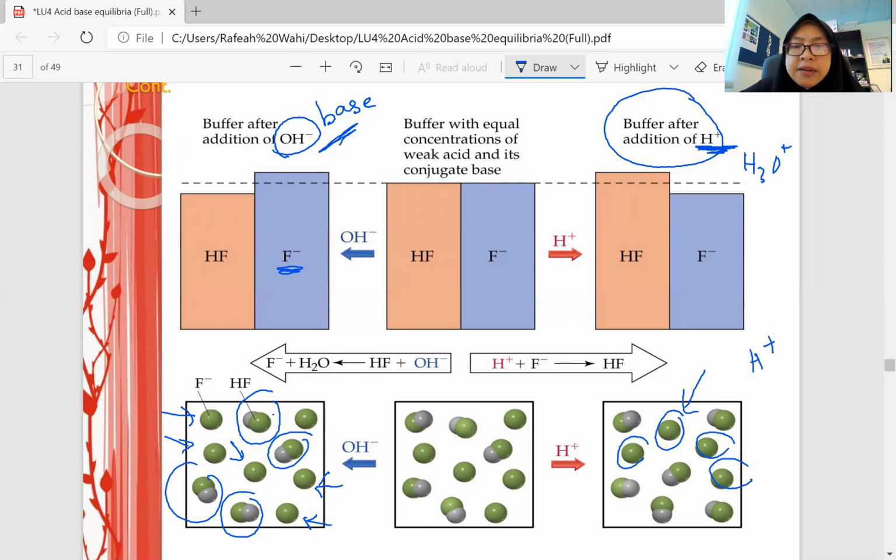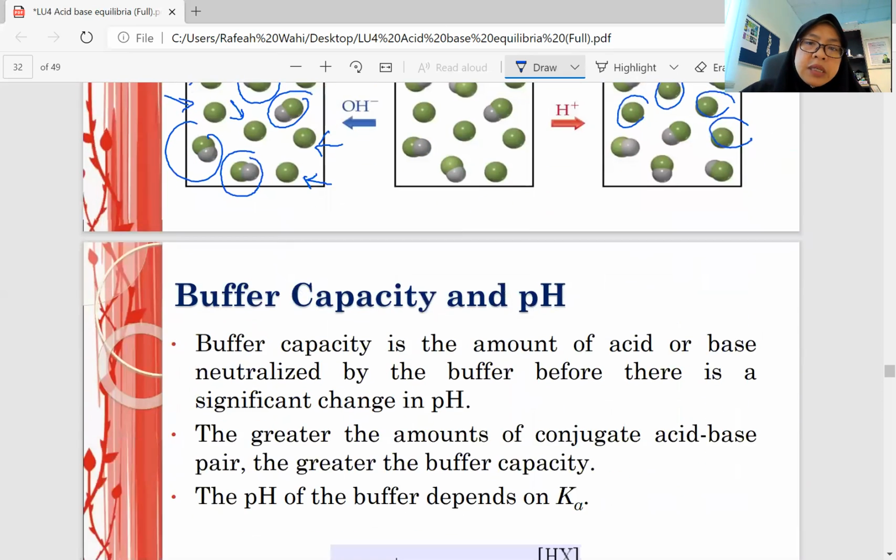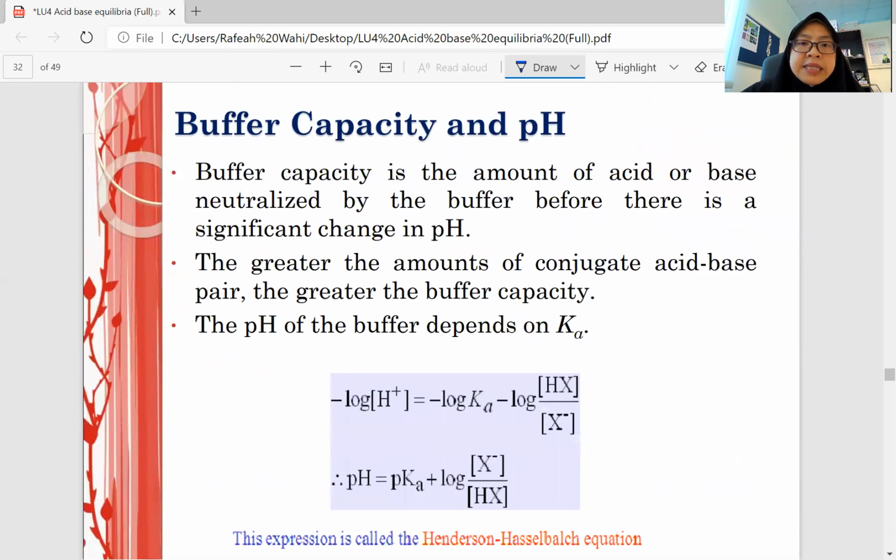So you know that there is still a capacity for this buffer to retain the pH of its initial solution. So this is what actually happens in a buffer solution and how it can retain pH although we add a small amount of acid or base into it. Okay, so this is called buffer capacity.